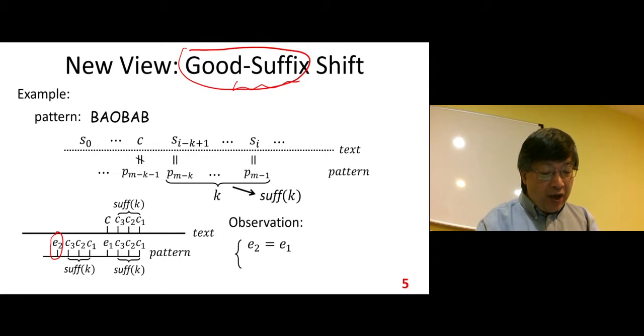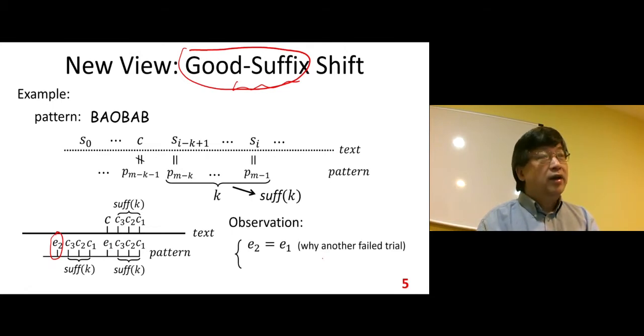So our observation is like this. First, it's possible E2 equals E1, then we can skip that part, because E1 fails. We know E1 fails, so why try another failed comparison? We don't need to try another failed comparison.